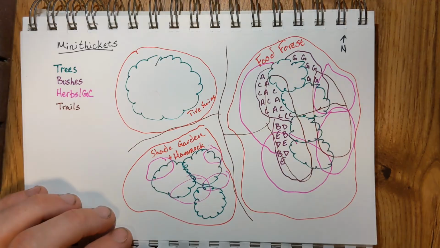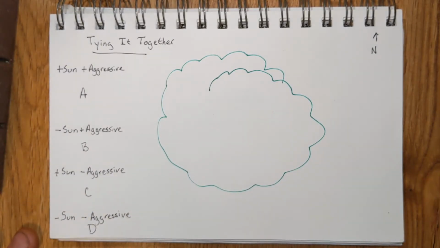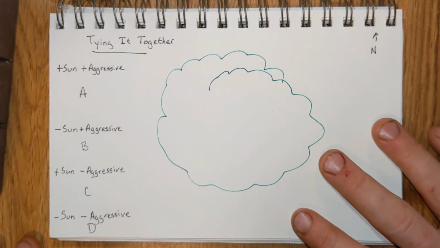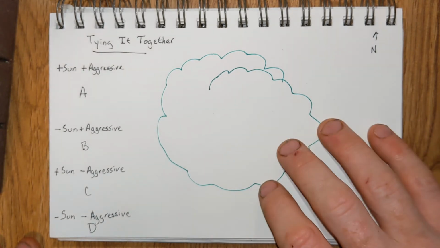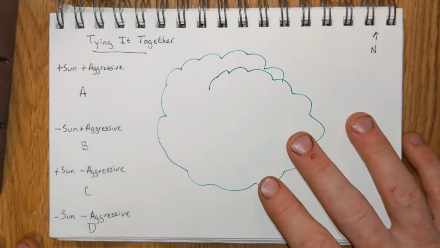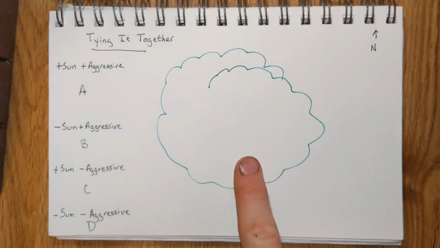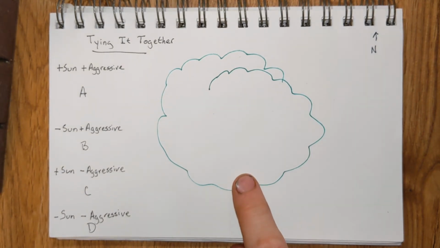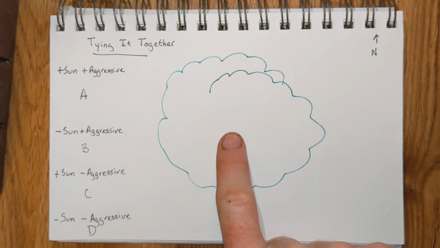So how do we make use of all of the information that we've just talked about when it comes to the patterning of specifics. Okay, what we have is a given tree. It doesn't matter what species this is. It just matters that we know where it is and we have some additions or subtractions around it that we want.